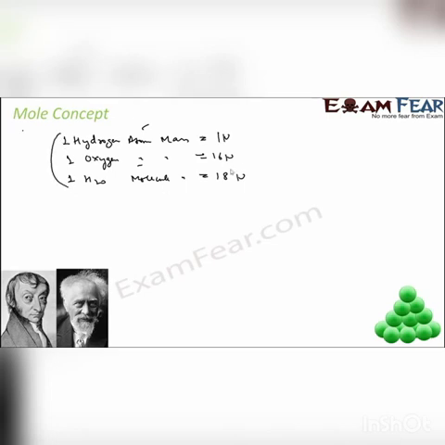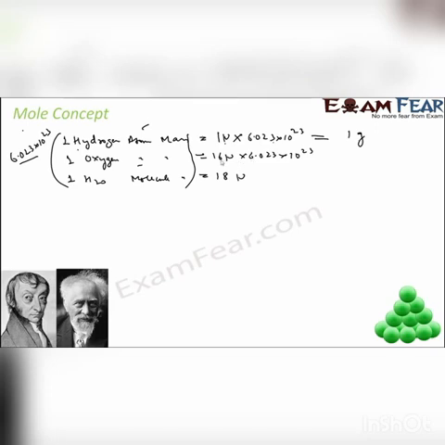Now you multiply this whole thing with this magical number, 6.023 into 10 to the power 23. Hydrogen atoms will be 1 unit into this, and this value will be equal to 1 gram. Multiply this also.